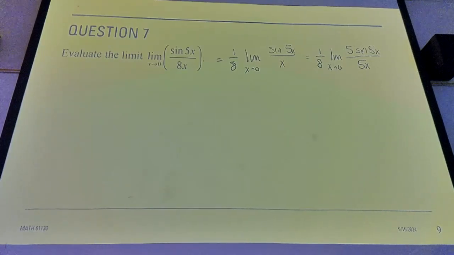Because remember, multiplying by 1 doesn't change the value, so you're allowed to multiply by 1. And then do a change of variable. So let theta be 5x.